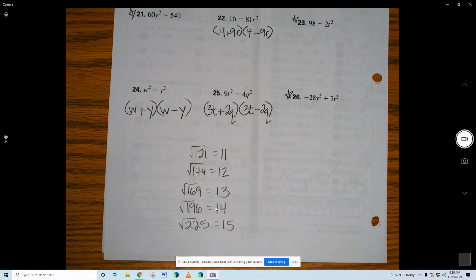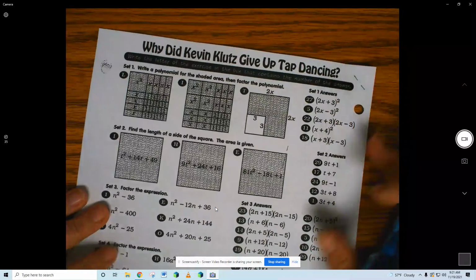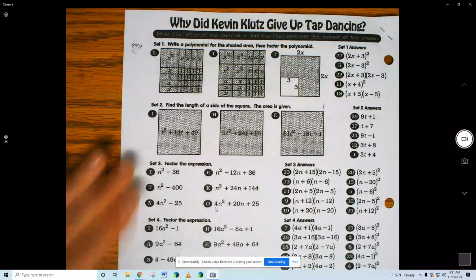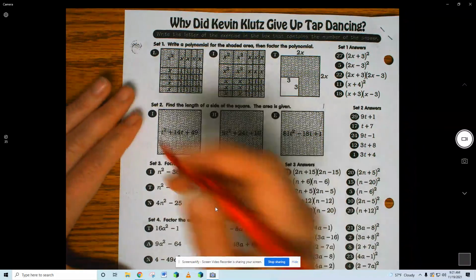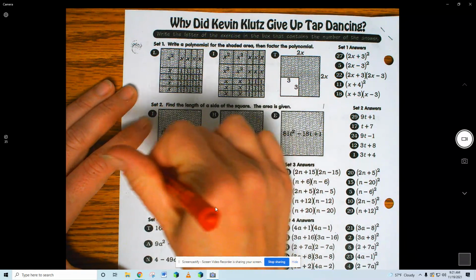Okay, so this is the lesson. The only thing you have to do before you leave is this last page, but you're only doing the left column. And here's what I mean. Like these.